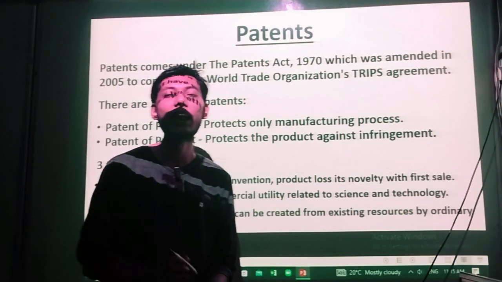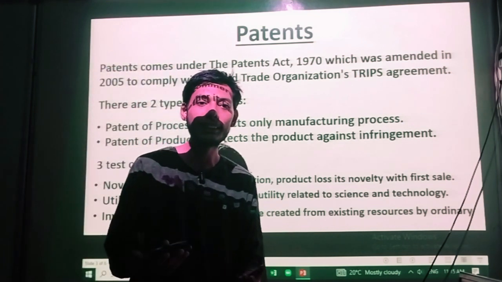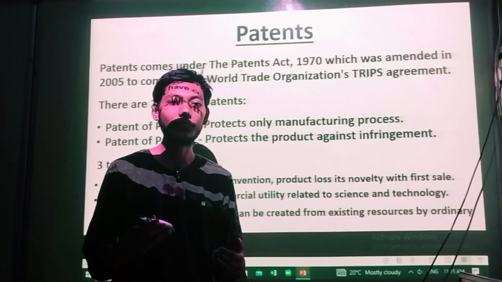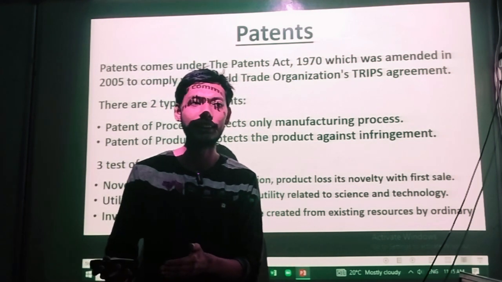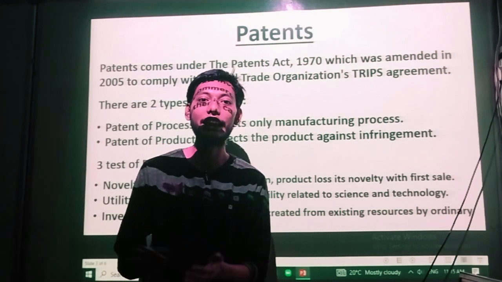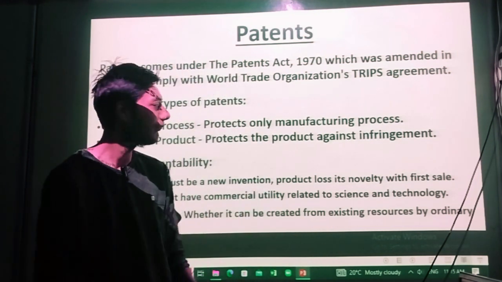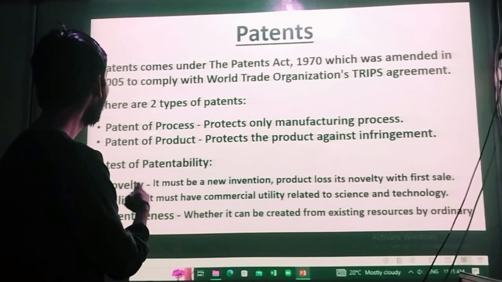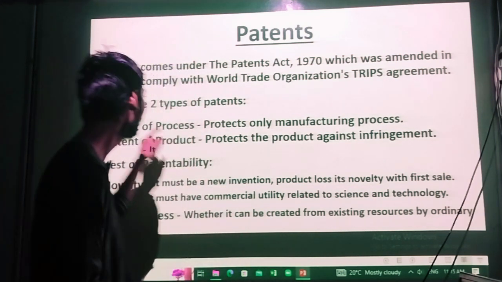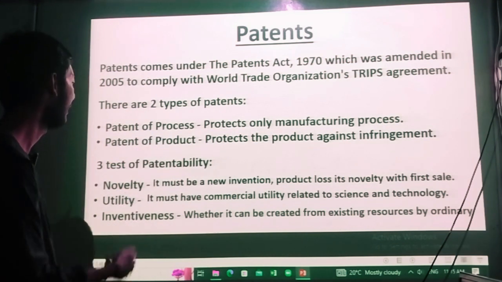For example, penicillin. So penicillin comes from nature. So I cannot patent penicillin because it comes from a fungus named Penicillium notatum. But I can patent the process of extracting penicillin, like patent of process.